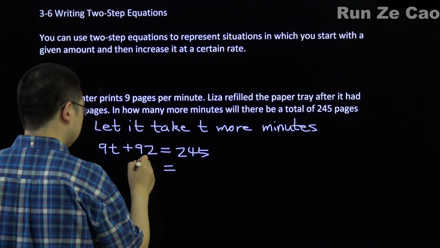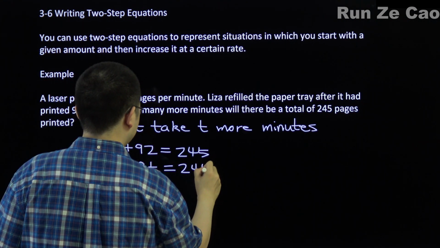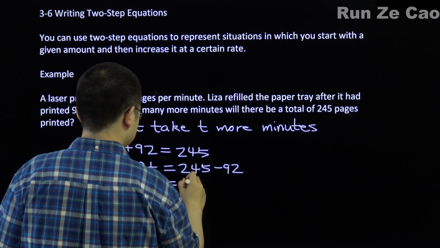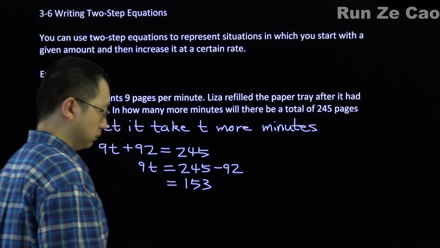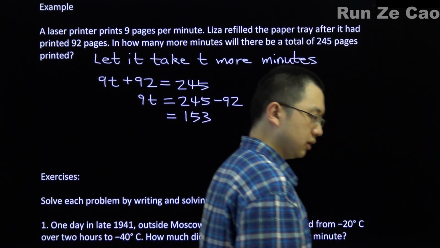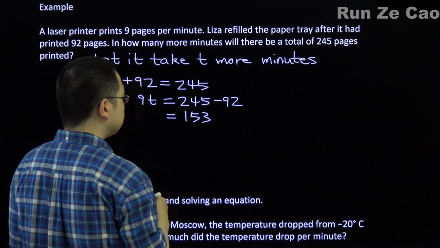Okay, so 9t is equal to 245 minus 92. So 153 is the number of pages we still have to print.